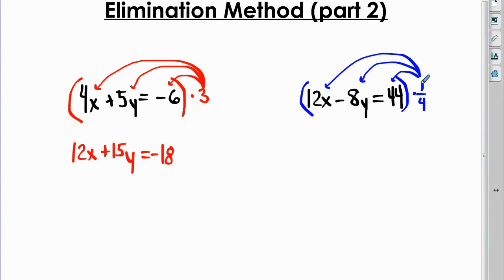If you want to verify, you can put all these over 1, and then that'd be 12 on top, 4 on bottom, and 12 over 4 is 3. Essentially we're taking 12 divided by 4. So 8 divided by 4 is 2, and 44 divided by 4 is 11.